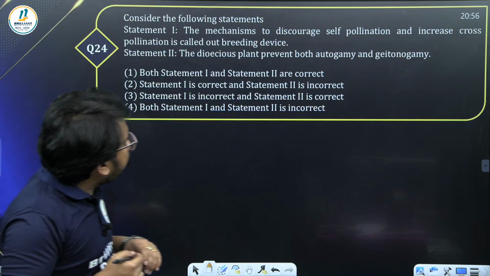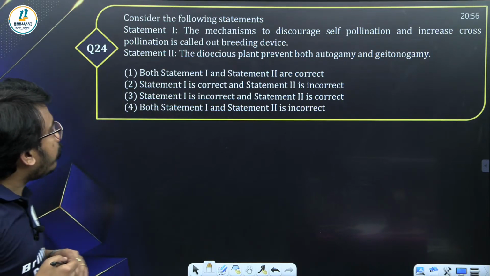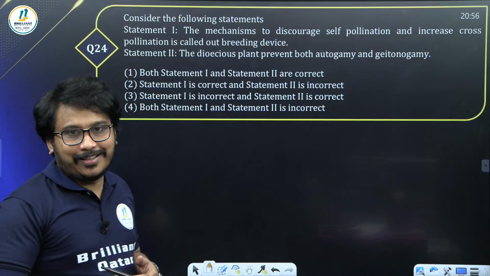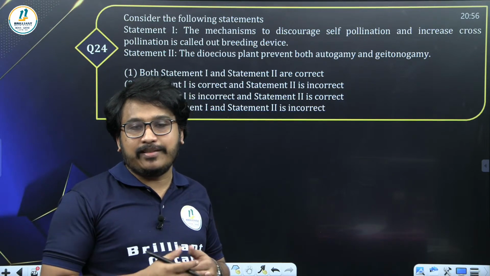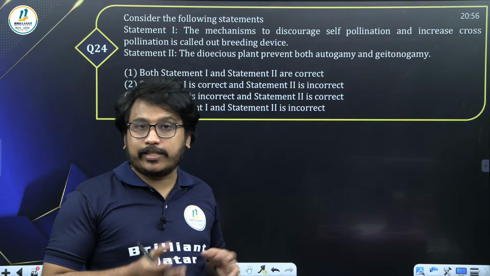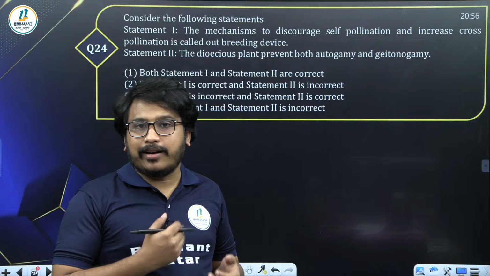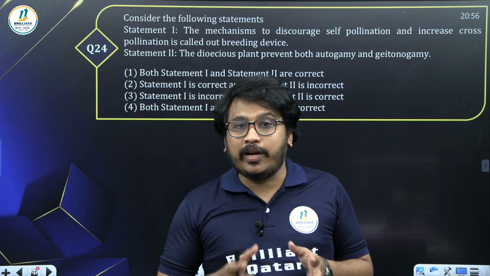The mechanism to discourage self-pollination and increase cross-pollination is called outbreeding devices. So, this is seen in naturally cross-pollinating plants. So they show this mechanism in order to avoid self-pollination, because if they undergo self-pollination, there is chance of losing the quality or vigor.